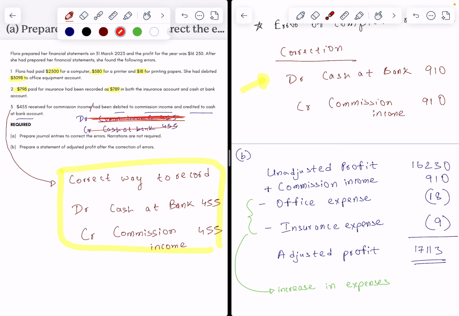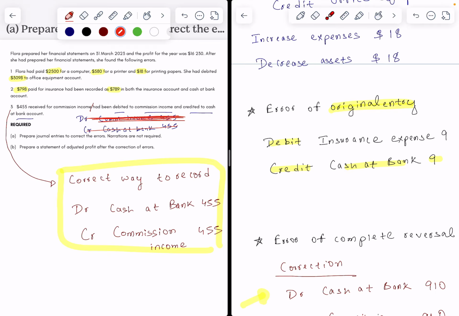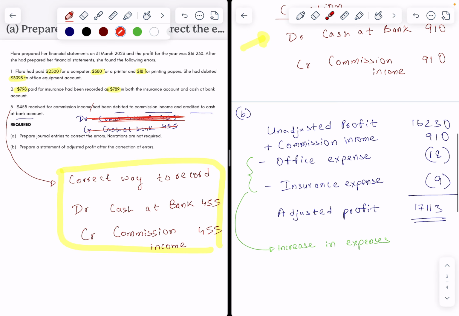Now let's look into the second transaction with regards to the insurance. The way we corrected it was to debit the insurance expense account by $9, which means we were increasing our expenses by $9. So if we are increasing our expenses again, then our profit should go down. Therefore, we are subtracting the increase in insurance expense of $9 from the unadjusted profit.